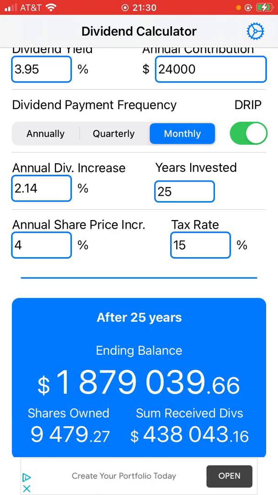Okay, so anyway, we talked about DRIPs and DSPPs, third-party companies that are like the administrators or middlemen between companies and Wall Street.